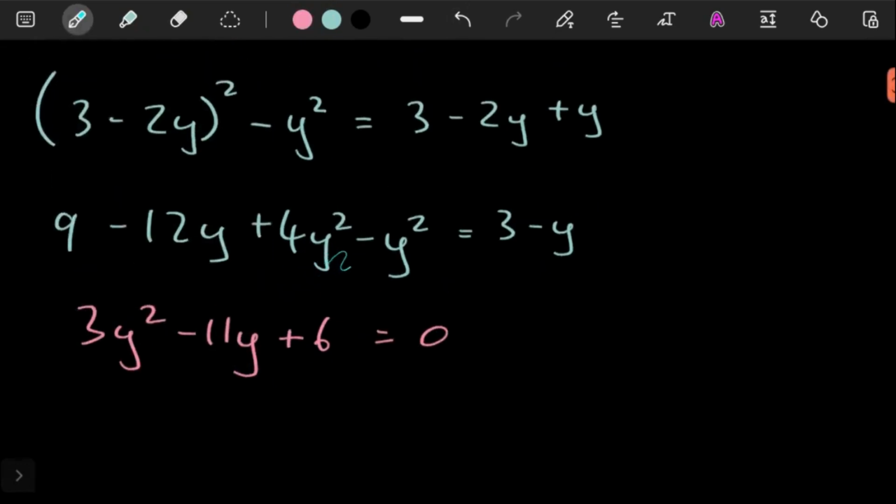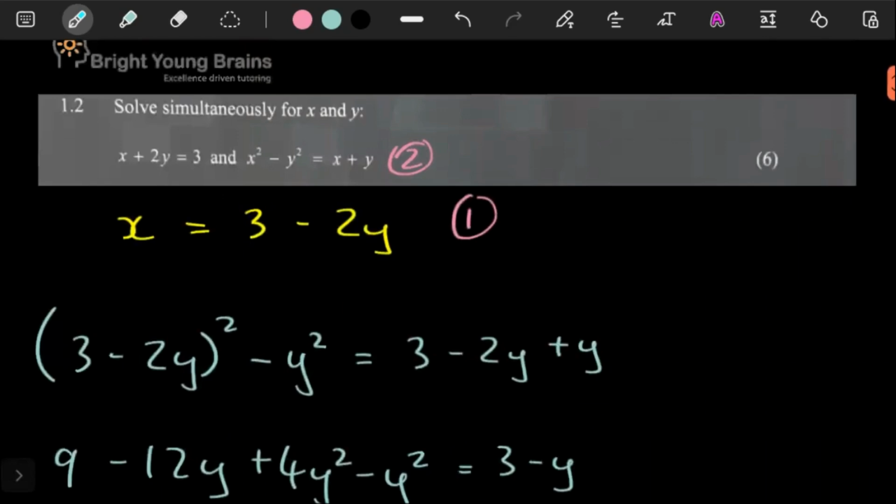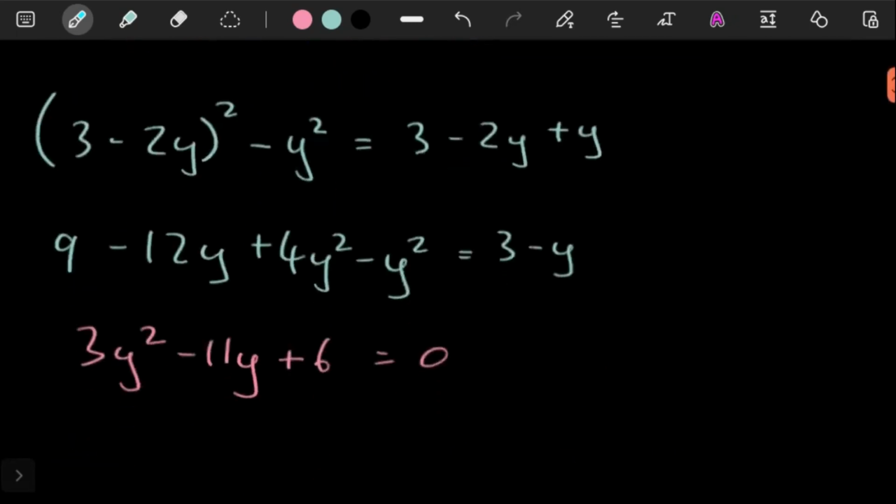The reason I'm saying that is because there's an 11 there, and 11 is a prime number. Working with prime numbers is usually very weird. So we might as well double check to see if we have not made any mistakes. Everything looks fine.